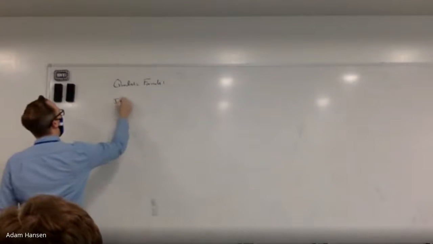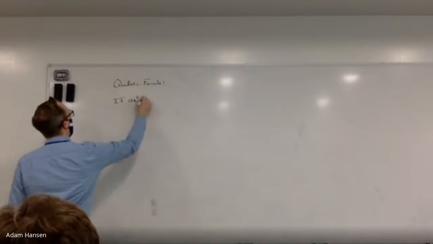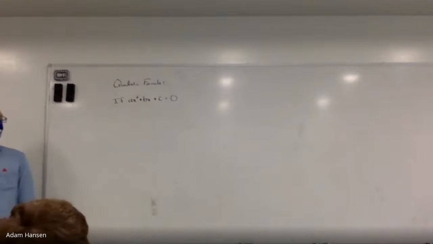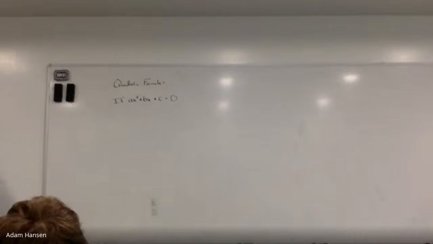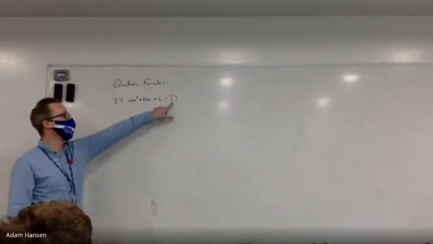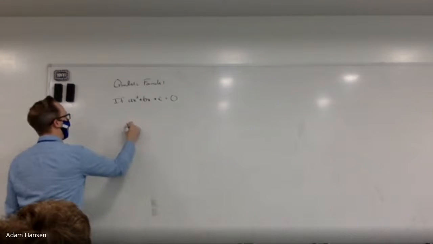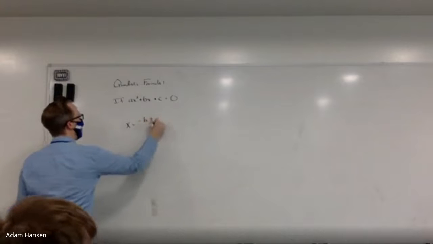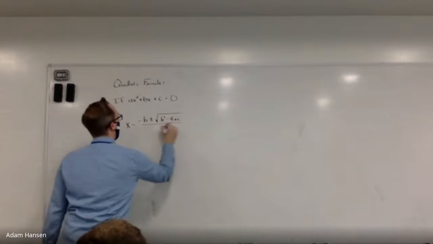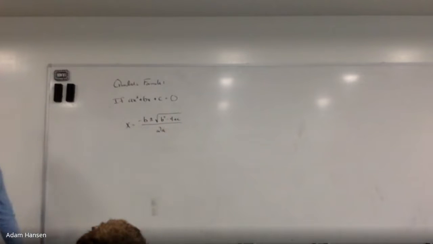So if ax squared plus bx plus c equals 0, if it's in standard form, with 0 on one side of my equation, given any general quadratic equation equal to 0, then x equals the opposite of b, plus or minus the square root of b squared minus 4ac, all divided by 2a.